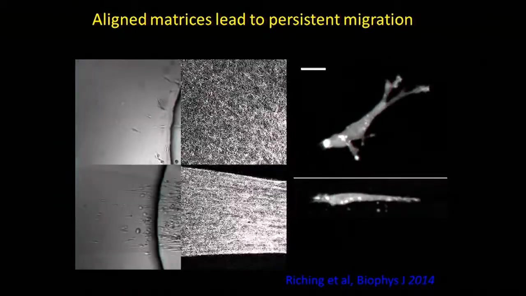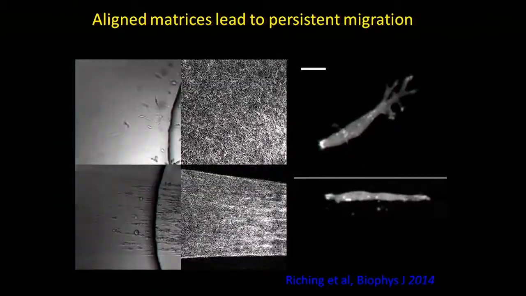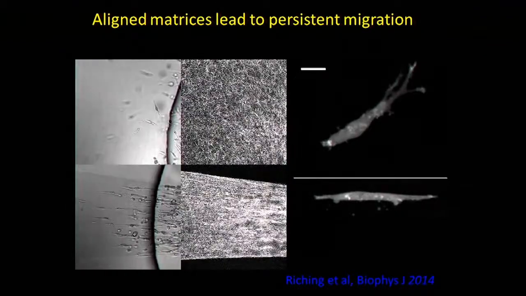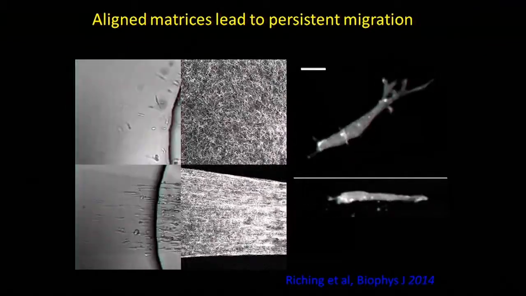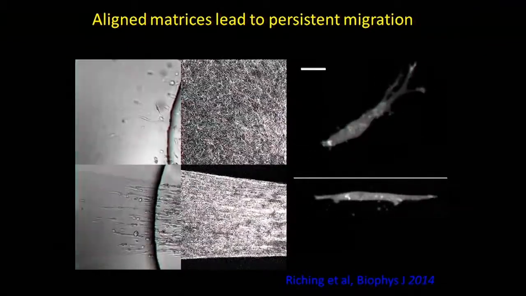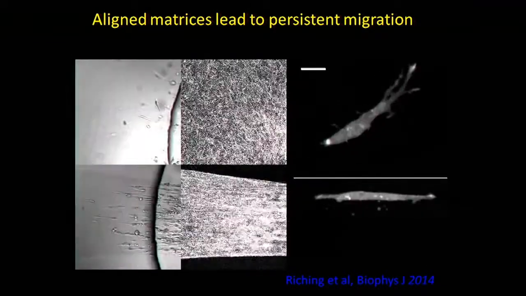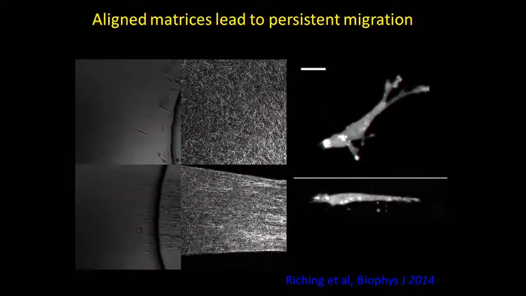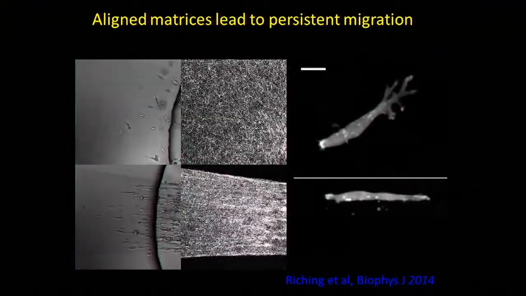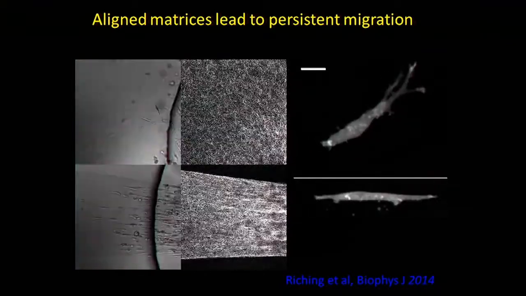All right, so now what's really cool is, here's an example. This is the collagen here, and this is a very low resolution view of cells migrating out from the collagen. You can kind of see these are bipolar, these are more flexible. It's much easier to see this here, where we have labeled the cells with a probe for actin. It's the thing that interacts with myosin, and it's part of the cytoskeleton.